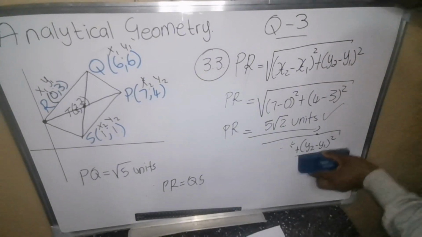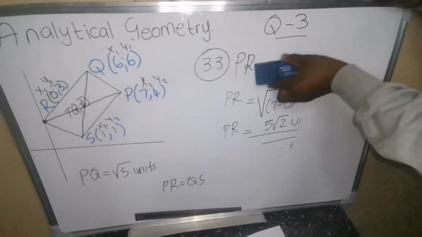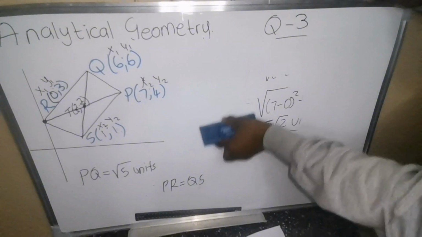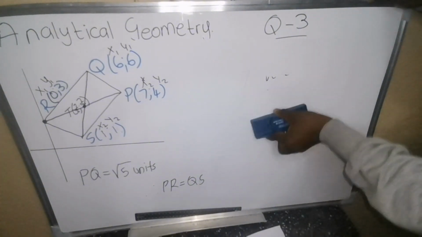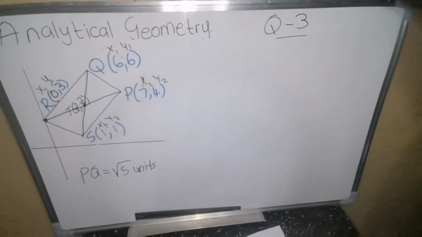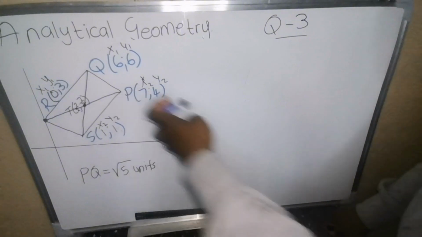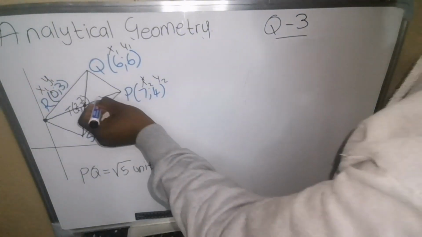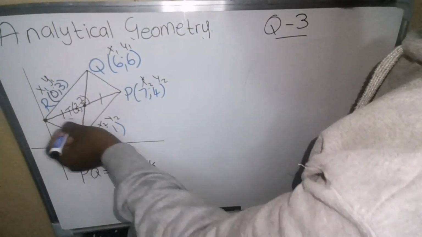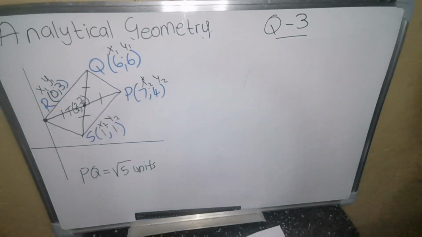Also, if the length QS is equal to the length PR, it means the diagonals of this quadrilateral are equal.